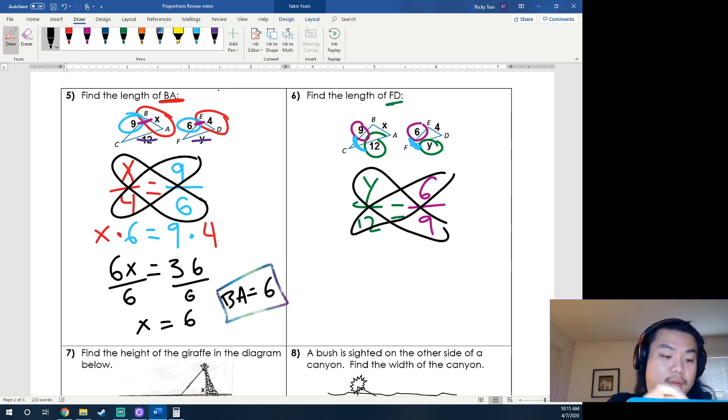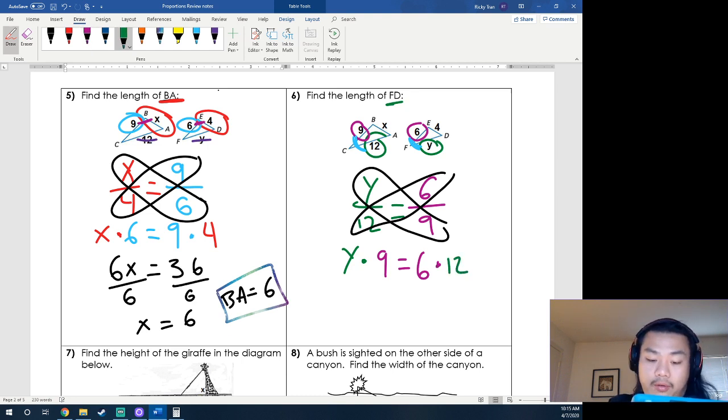So we have y times 9 is equal to 6 times 12, or 9y is equal to 72. Divide by 9 on both sides. Y is equal to 8, or FD is equal to 8.